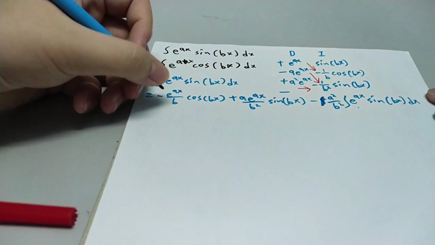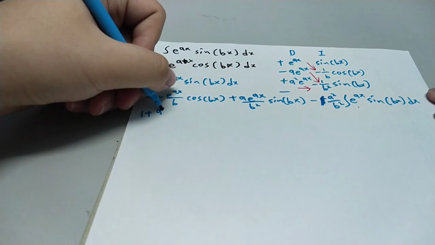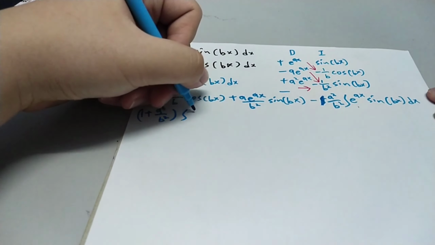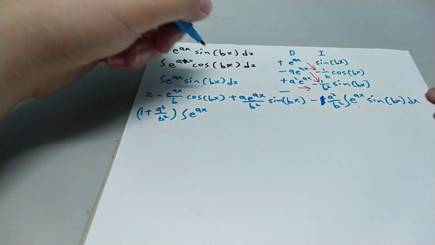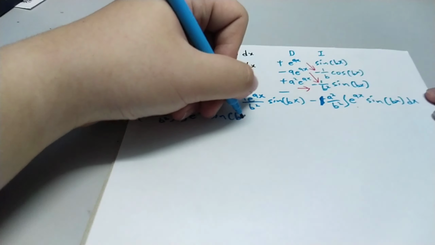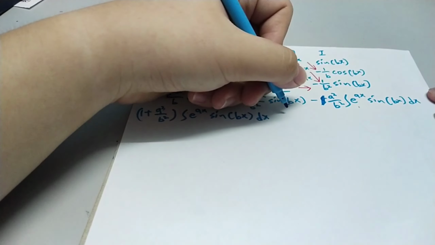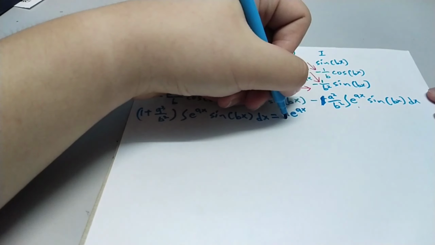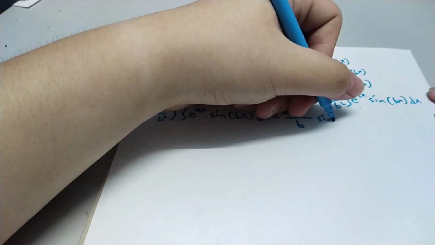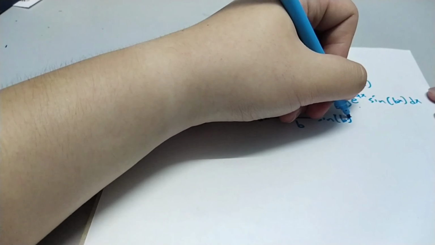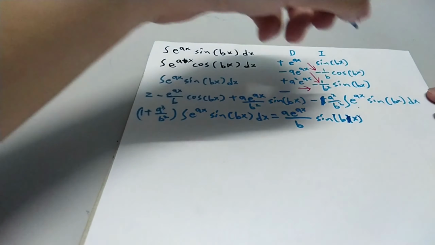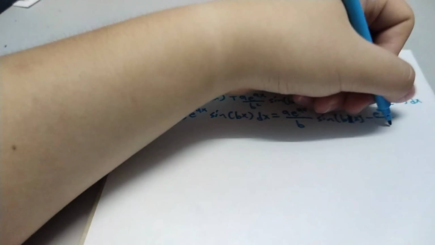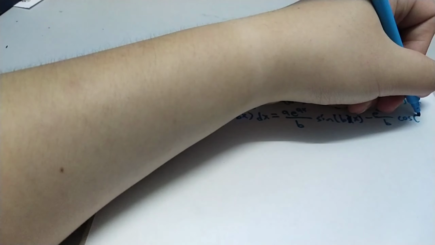So I will have 1 plus a squared over b squared times the integral of e to the ax times sine of bx dx is equal to a times e power of ax over b squared times sine of bx minus e to the ax over b times cosine of bx.